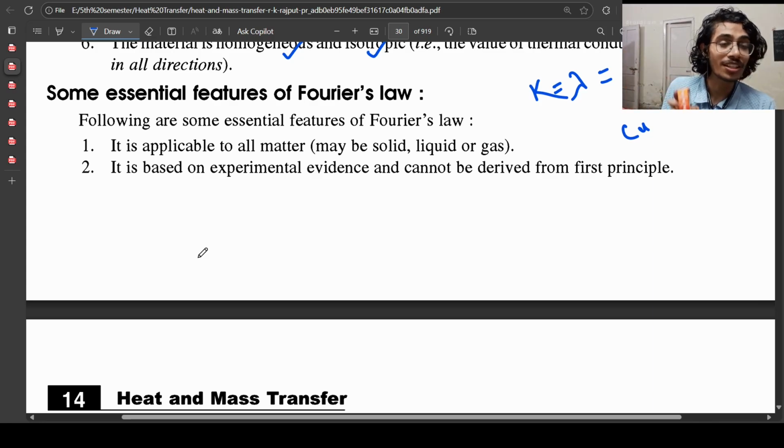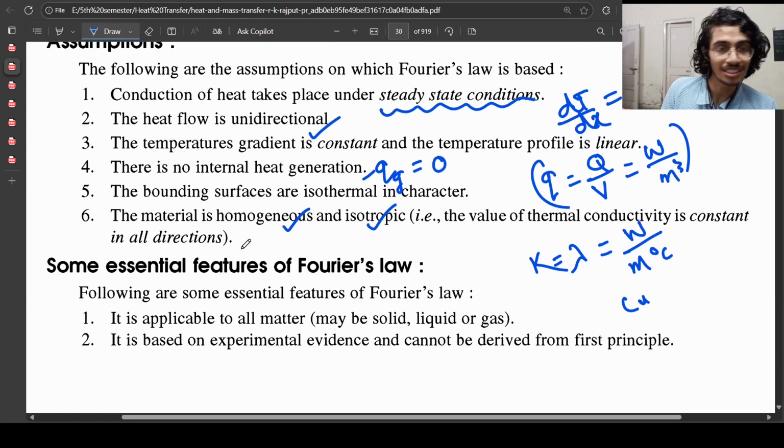So in the case of stationary fluids, you can also have conduction of heat. In those cases it is applicable to all matter, but it should be homogeneous, it should be isotropic, the flow should be unidirectional, and all the other assumptions that we have seen. Steady state condition should be there, right? Steady state means no variation with time.